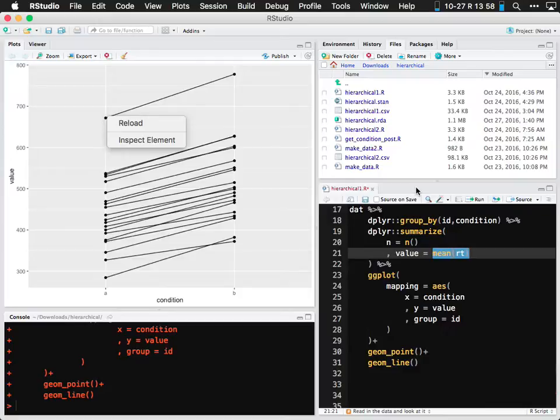Hierarchical, to me, implies that there is a set relationship amongst things, such that one thing is a subset of another. So each individual is a subset of a group.